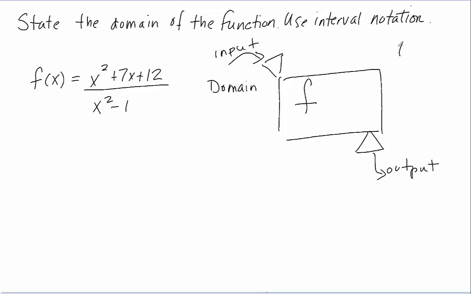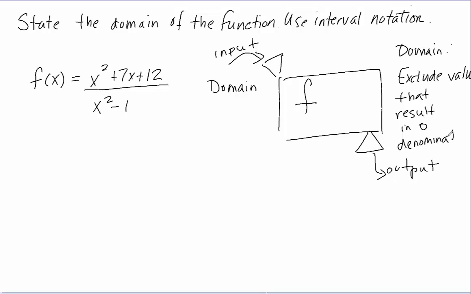So when we do domain for rational functions, we have to exclude values that result in a 0 denominator. Okay, so the first thing I need to do is I need to find those values. So I'm going to find the values where this denominator is equal to 0.